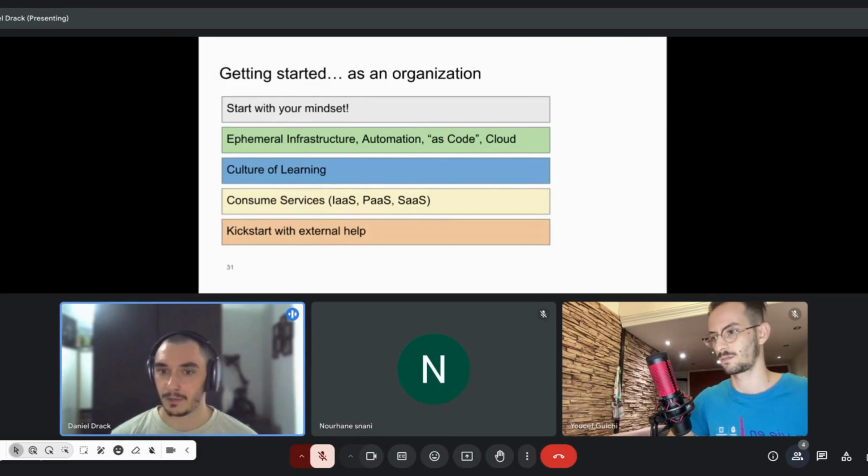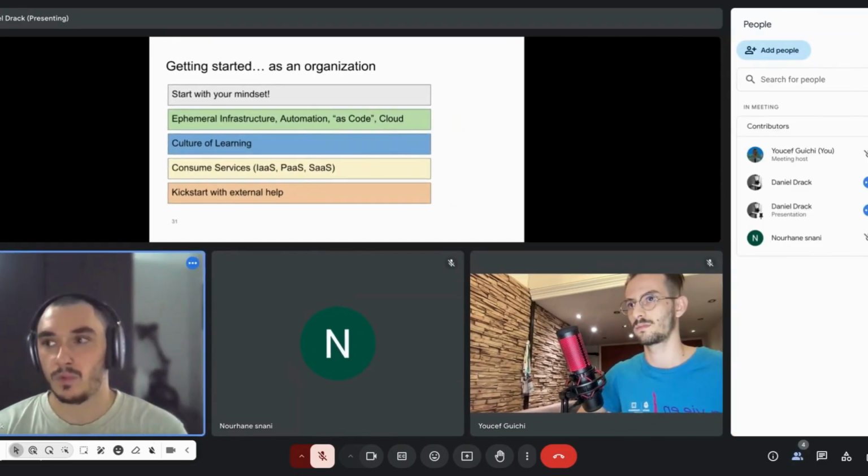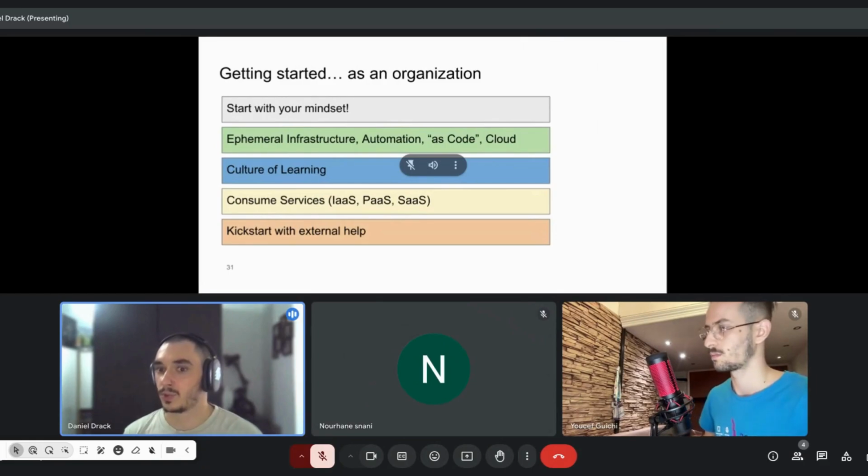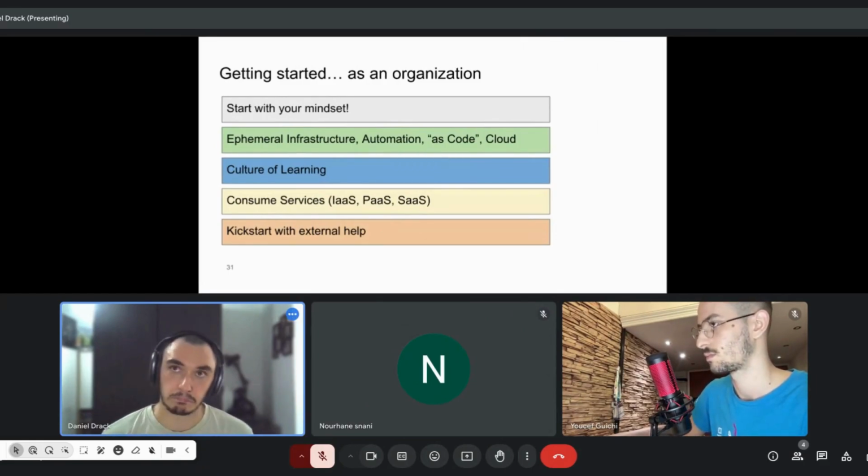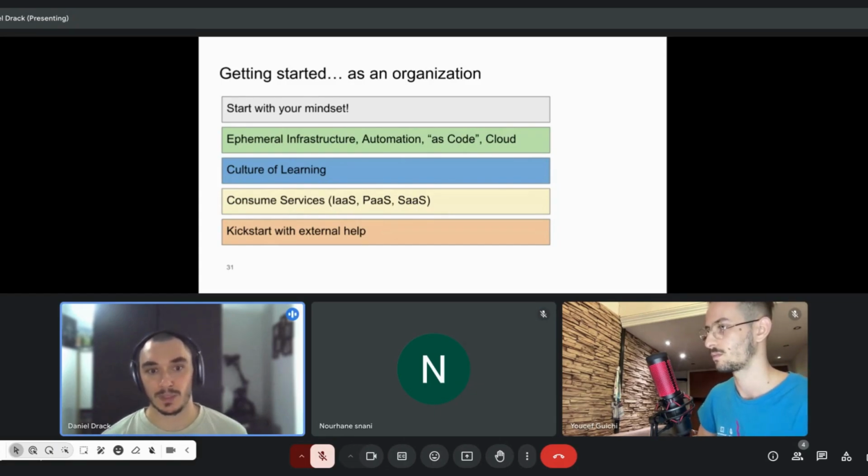You do everything as code. You will want to use the cloud, most likely, especially as an organization, because things are usually way easier in the cloud than to implement this stuff on premise with your own existing data center hardware.